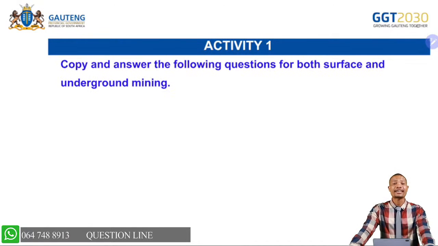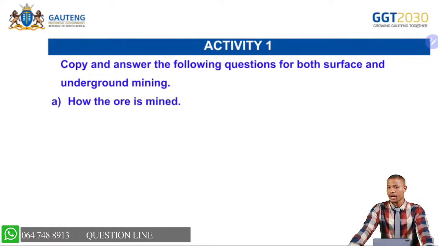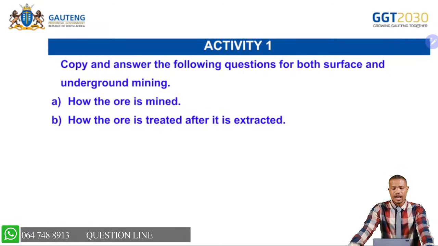Right, now let's do our first activity. We will do it together as well. Copy and answer the following questions for both surface and underground mining. Okay, so these questions refer to both surface and underground mining. First one, how the ore is mined. So you need to explain how we mine the ore in surface and in underground mining. B, how the ore is treated after it's extracted.